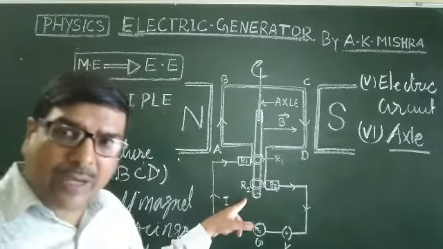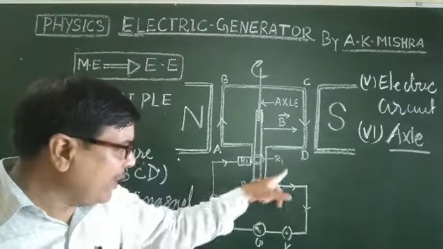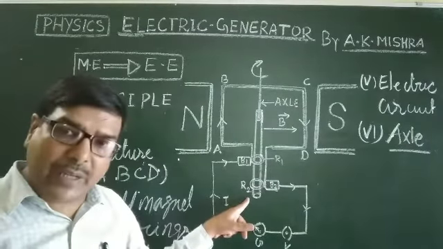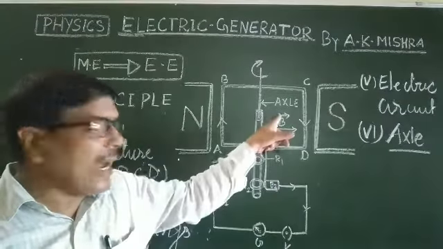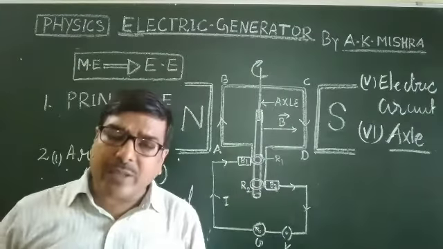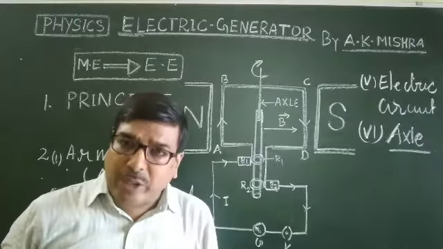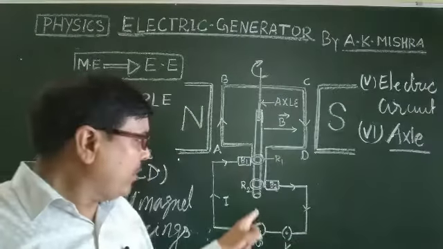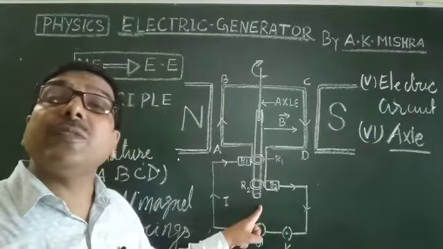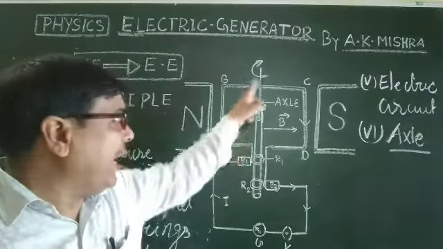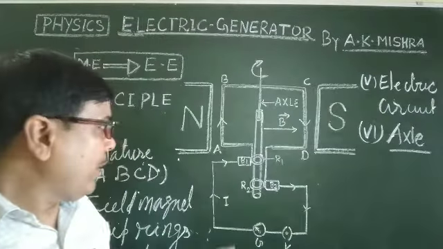The two rings are connected together with the axle such that the axle rotates with the slip rings and the rectangular coil.